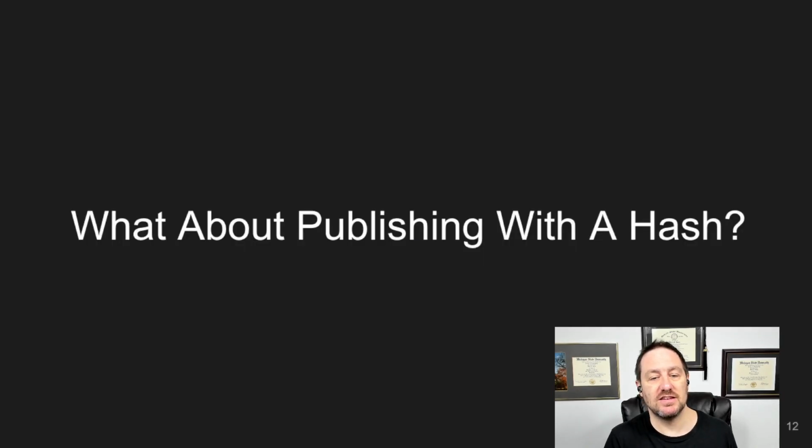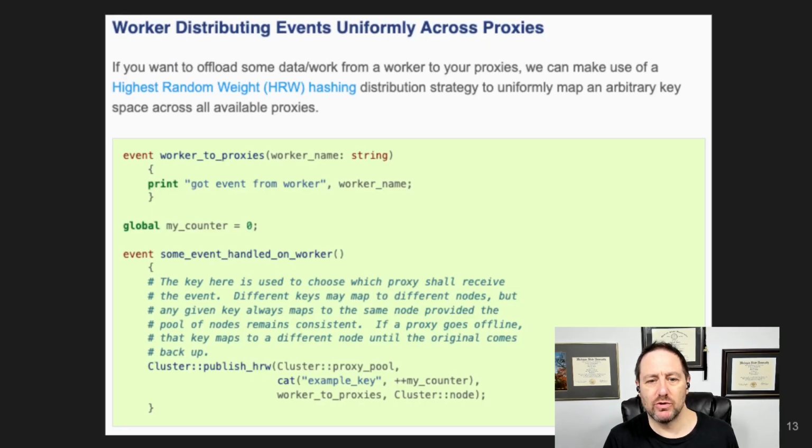Now, one of the things I didn't talk about was publishing with the hash. I tried to find a good public example that we have of that, and I couldn't find a good one, so I just went to the documentation. The documentation's great.